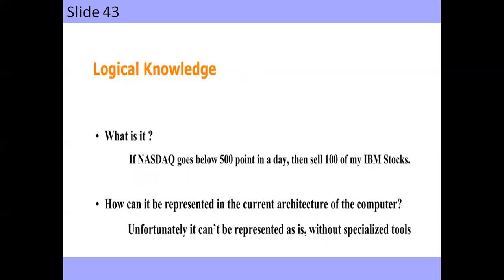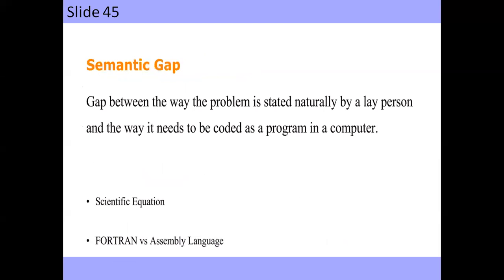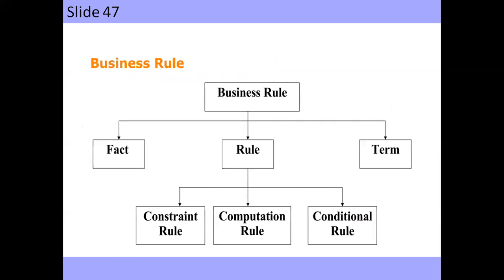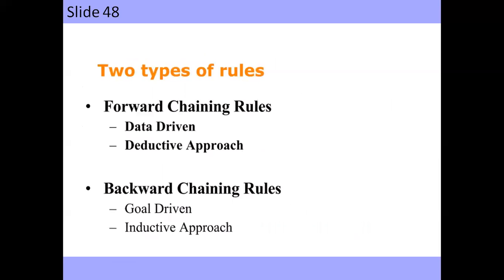For this purpose, we have to understand two types. One is forward chaining, which is a data-driven or deductive approach, and the other is backward chaining, which is goal driven and uses an inductive approach.